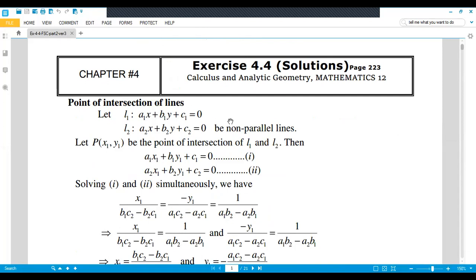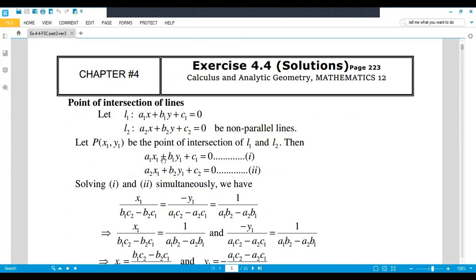Point of intersection of lines. When two lines are not parallel, L1 is a1x plus b1y plus c1 and L2 is a2x plus b2y plus c2, non-parallel lines. Let P(x1, y1) be the point of intersection of L1 and L2.